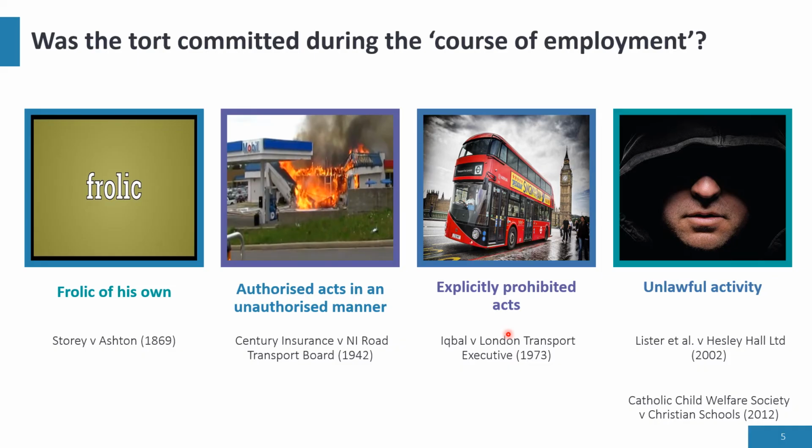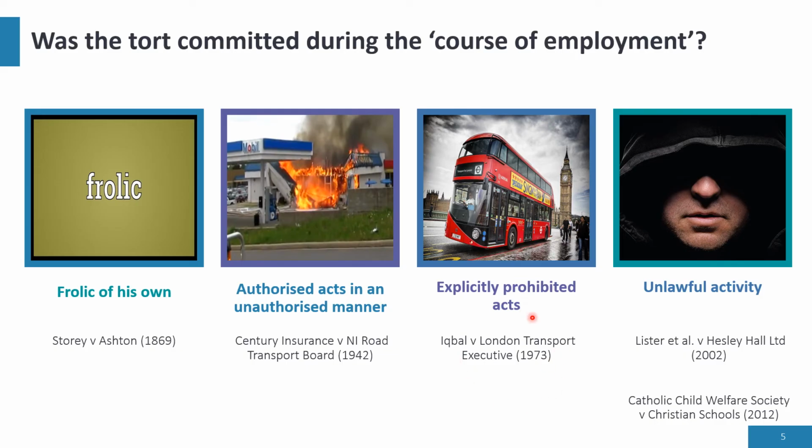It was outside of the scope of his job, but nevertheless he decided to move a bus that was blocking a depot, and when he was doing that he crashed it, injuring another employee. But the court rejected the vicarious liability claim on the basis that the employee's conduct was beyond his duties. It was outside of the course of his employment because he had been expressly prohibited from driving.